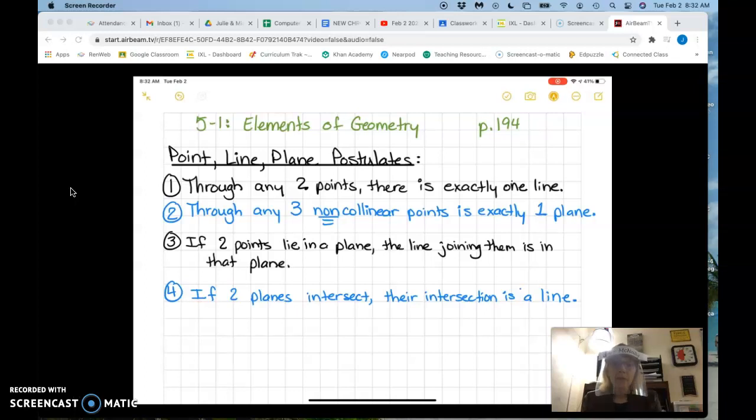Number 2, through any 3 non-collinear points is exactly 1 plane, because when you name a plane, you have to use 3 points, but they can't all be in the same line. They have to be non-collinear. Number 3, if 2 points lie in a plane, the line joining them is in that plane. And number 4, if 2 planes intersect each other, their intersection is a line. All right, so copy those down.